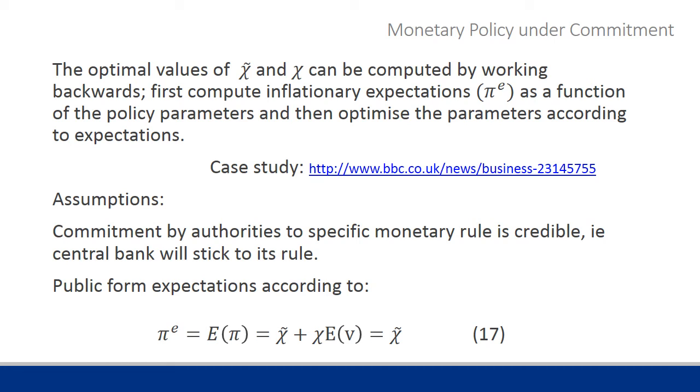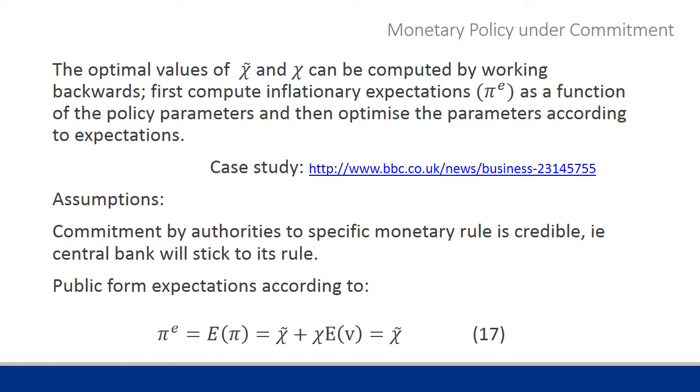The optimal values of phi tilde and phi can be computed by first finding the inflationary expectations as a function of phi tilde and phi, and then optimizing these parameters according to expectations. So the assumption is that the commitment by the central bank to the fixed rule is credible, i.e. the bank will stick to its rule.